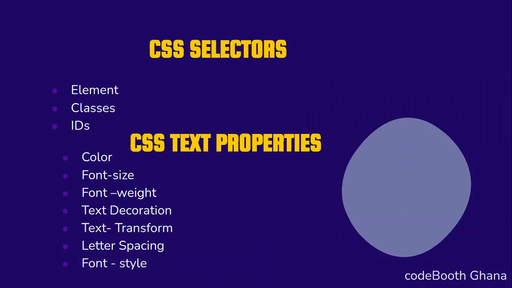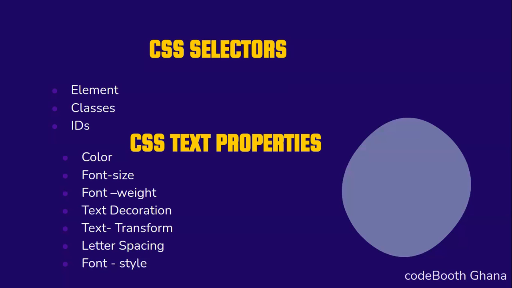We can do that in three main ways. The first one is what we have all seen, the element selector. If you want to change, let's say, the paragraph, you just select p, then you give it a color or whatever property we want to use. So that is one way.